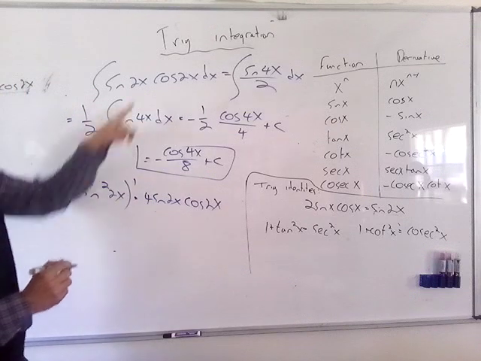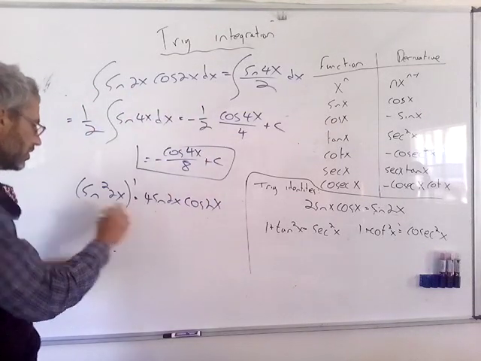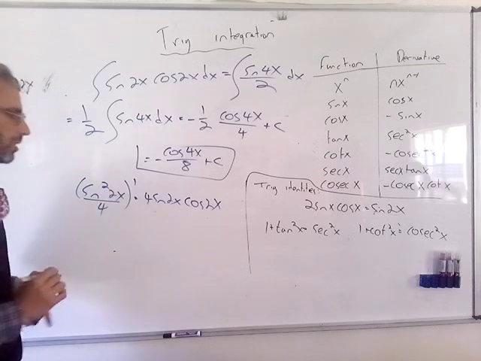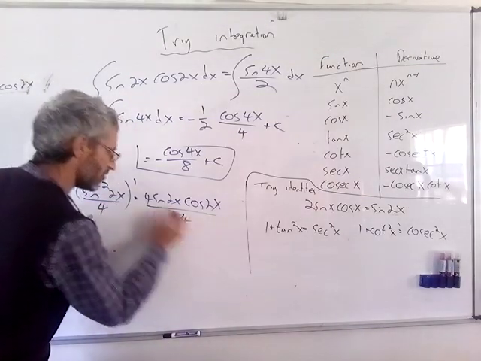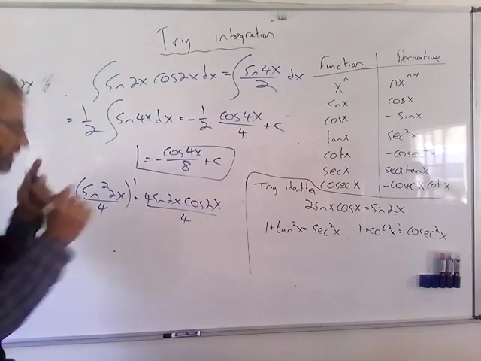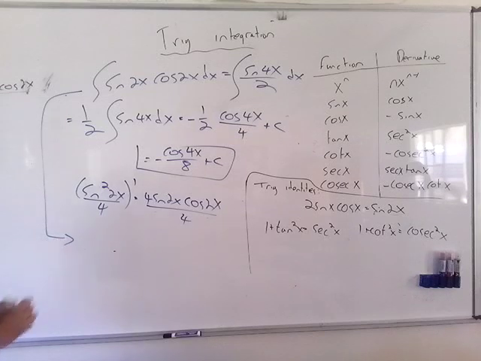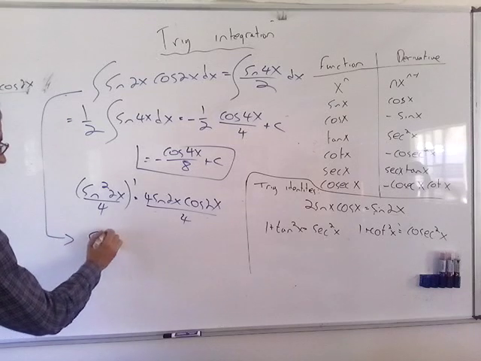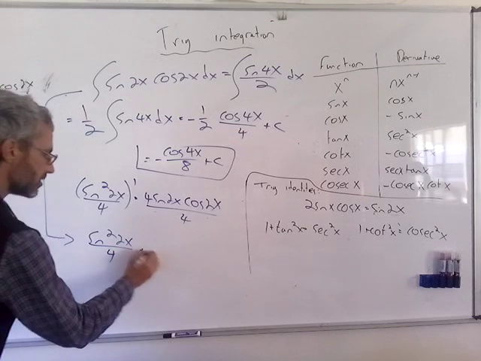You can see I have something very similar to that, except I've got an annoying 4. So I can divide it by 4 as well. Here we go, I'm solving it the other way. If I'm dividing that by 4, I also divide that by 4. That means another possible answer is sine squared 2x over 4, obviously plus c.